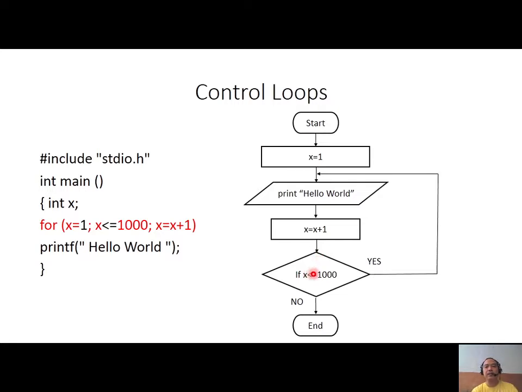So is x less than or equal to 1000? Yes, so it will continue. So the value of x now is 1000. So for the 1000th time, it will print hello world. But then again, with the incrementing counter, x equals x plus 1 becomes 1001. So the question, is x less than or equal to 1000?